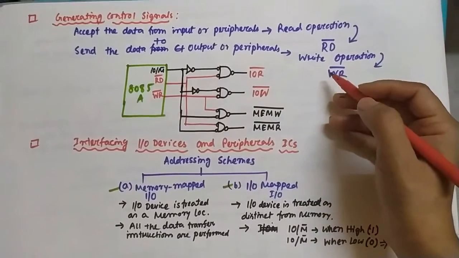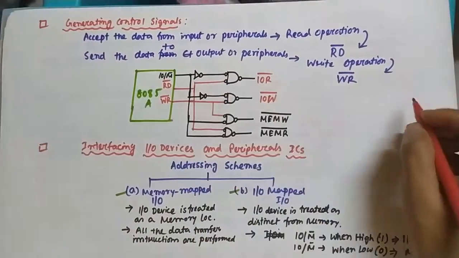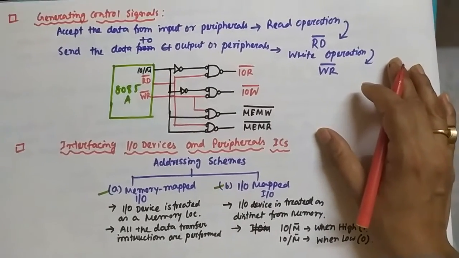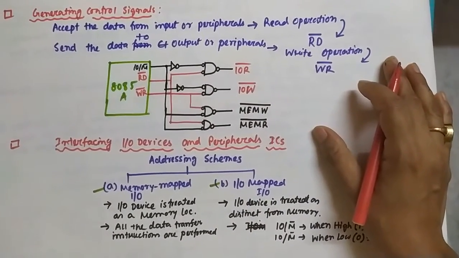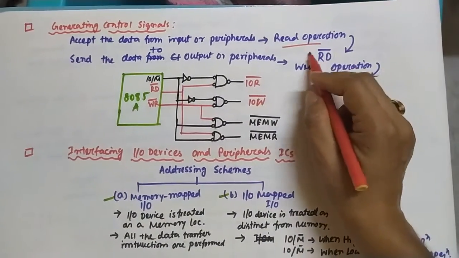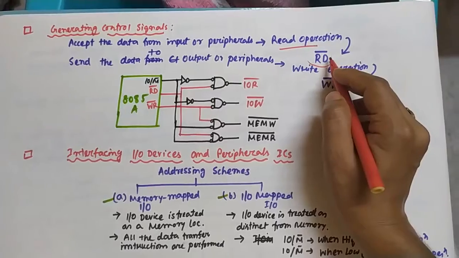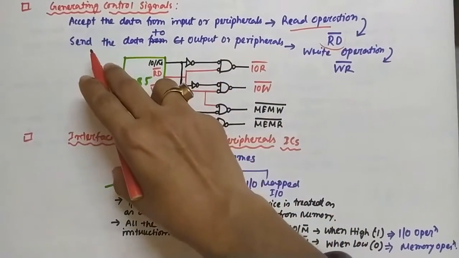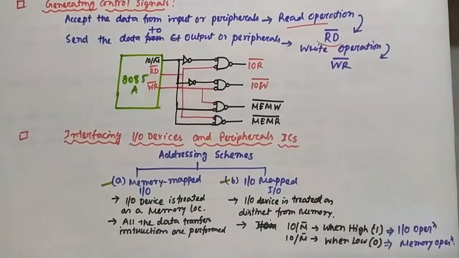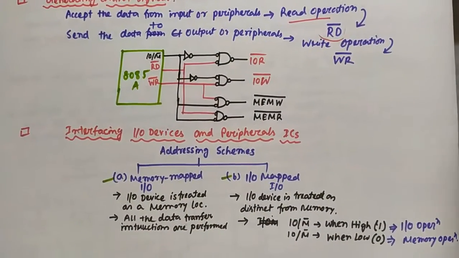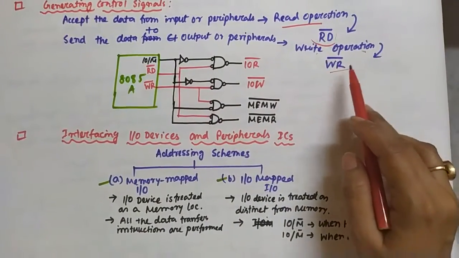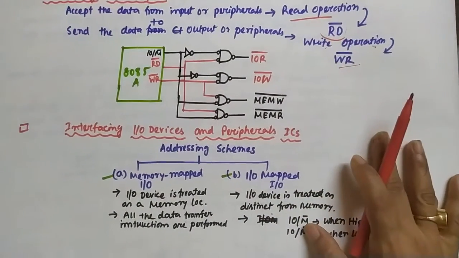When the microprocessor accepts data from any input or peripheral device, that is called the read operation, and in that case we get the read bar signal. When data must be sent from the microprocessor to an output or peripheral device, that is called the write operation, and in that case the write bar signal should be performed.